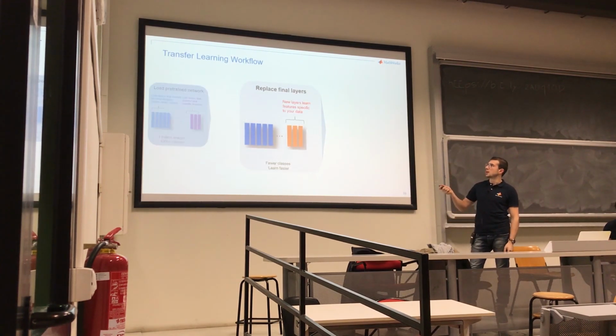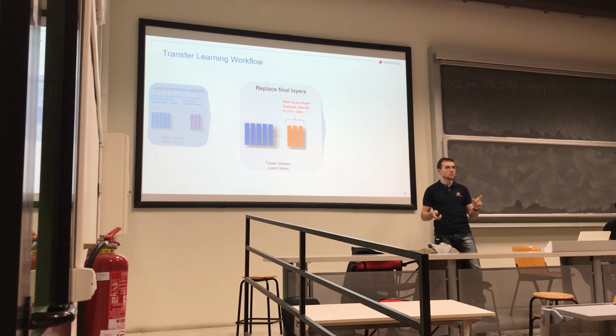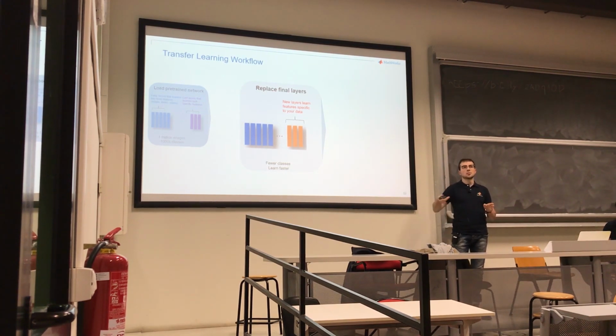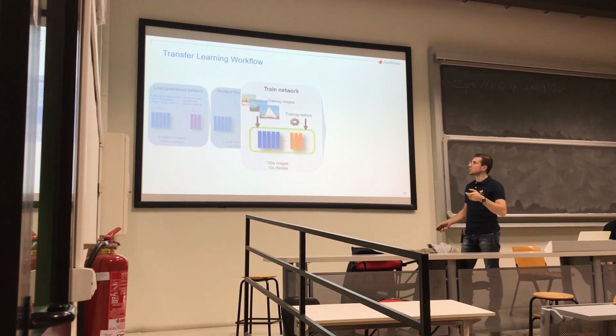Then we take this and we substitute the last part, the classification part. It means that all the feature extraction of the network will be the same as the previous one, but we take the classification, the layer that does the connection between the features and the label, and we change it. How do we change it?